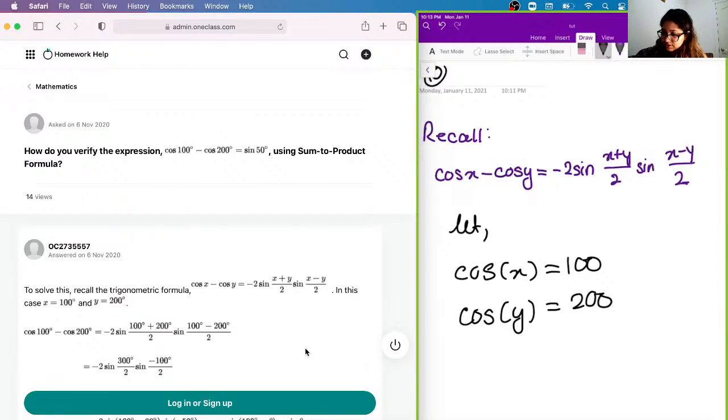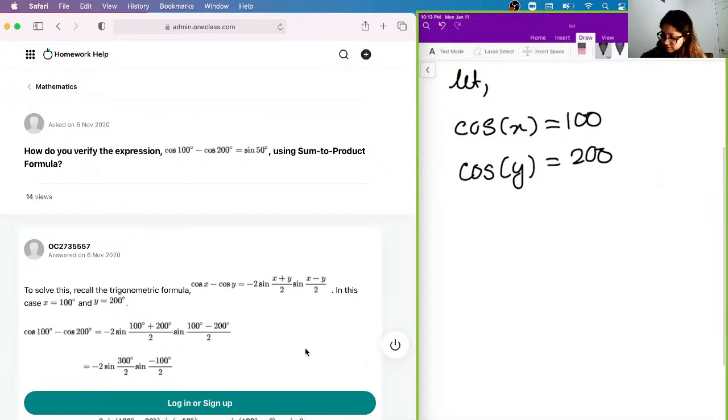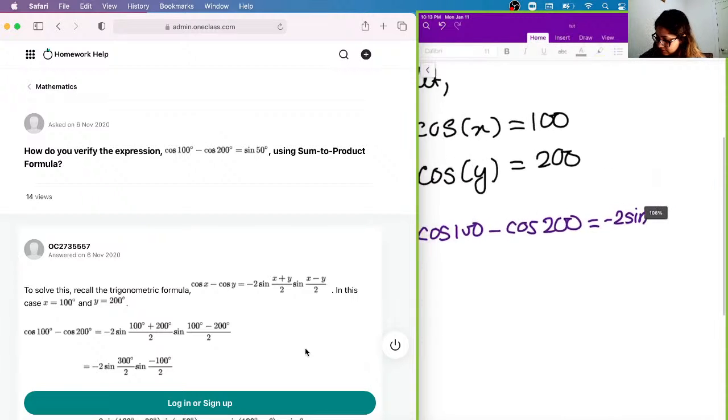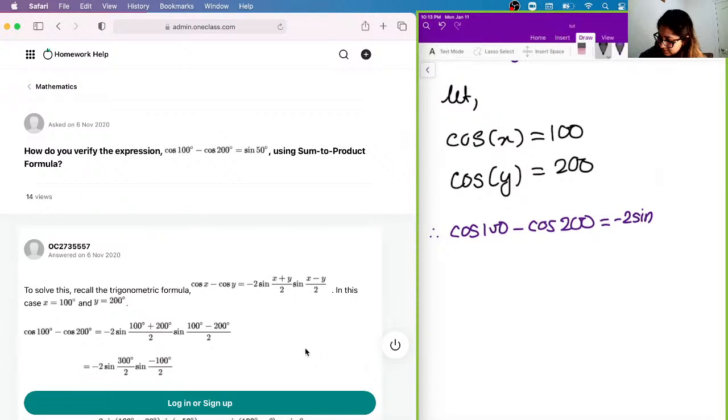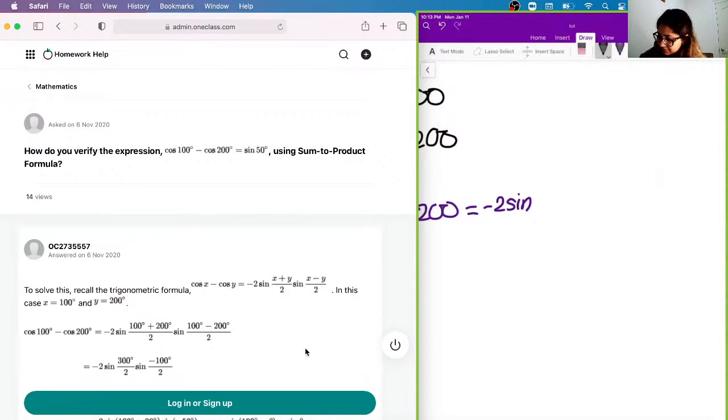We put this into the formula. So cos of 100 minus cos of 200 is equal to negative 2 sine of (100 plus 200) over 2 times sine of (100 minus 200) over 2.